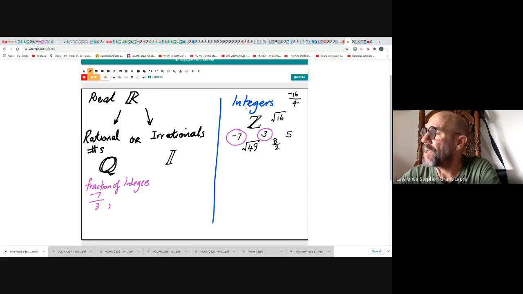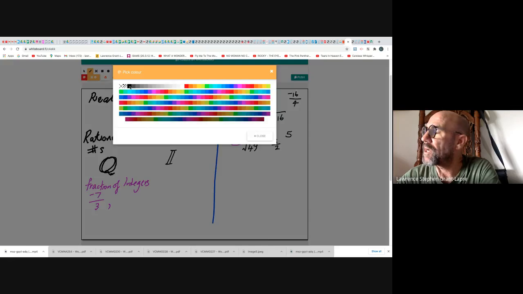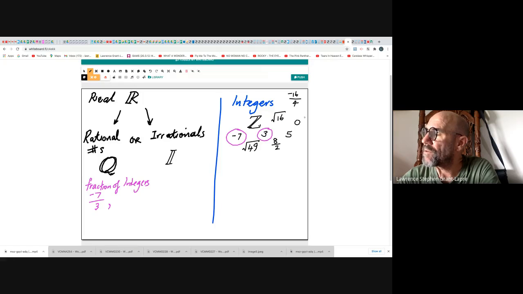Now I want to put up here another number which I didn't include, and that's the number 0. 0 is an integer. 11. Very large integers, 1,540. Very large negative numbers, negative square root of 10,000 happens to be -100.